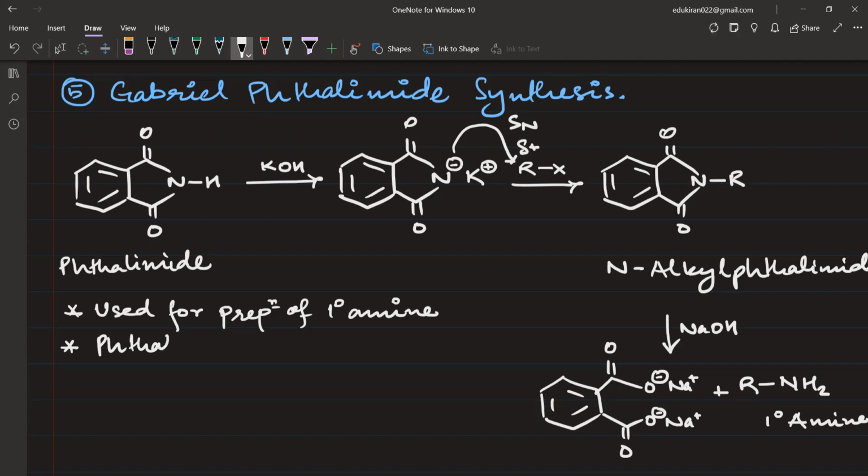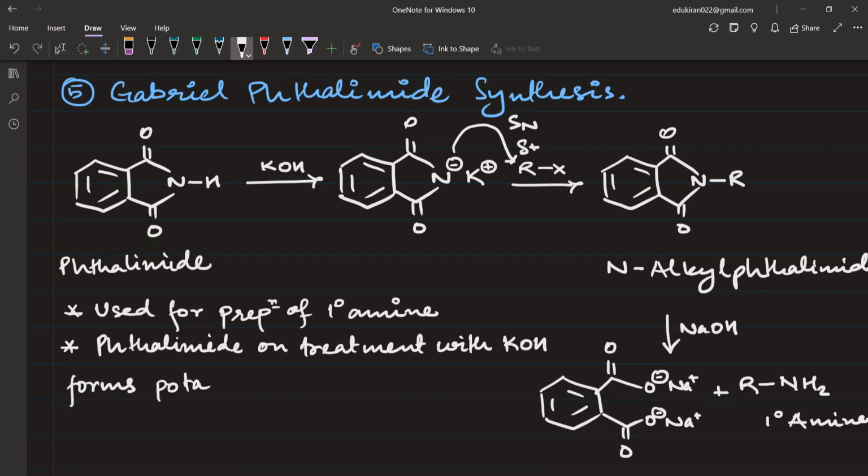Phthalimide on treatment with potassium hydroxide forms potassium salt of phthalimide.